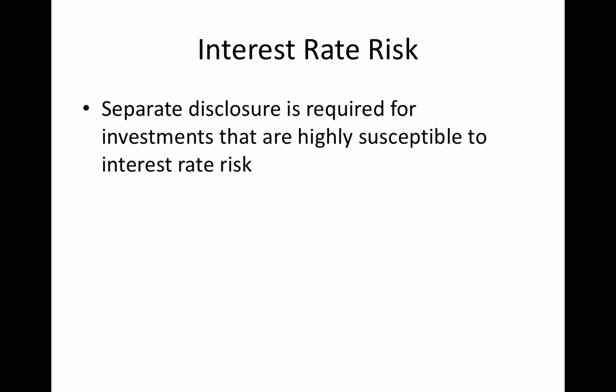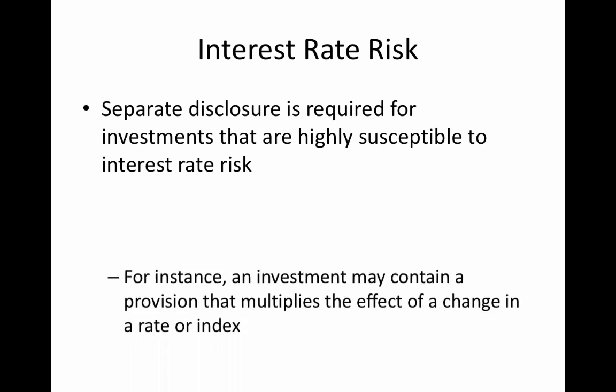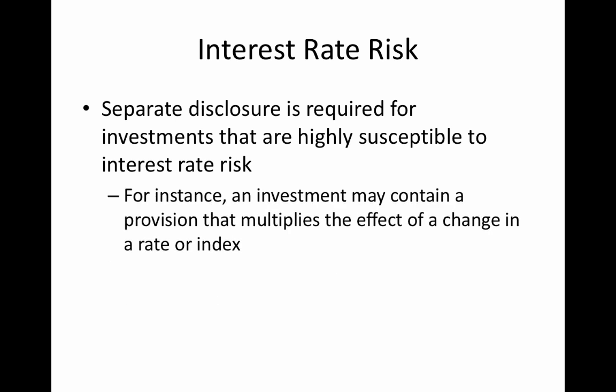In addition to those disclosures, governments also should be disclosing if they have any investments that are highly susceptible to interest rate risk. The most common form of this is when there's a kind of kicker in the investment that says, whatever the change is in a particular rate or index, the change in the investment's value is going to be something more than that, 1.5 or 1.25 times that.